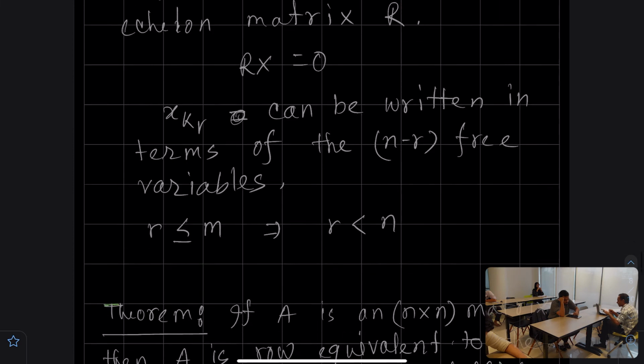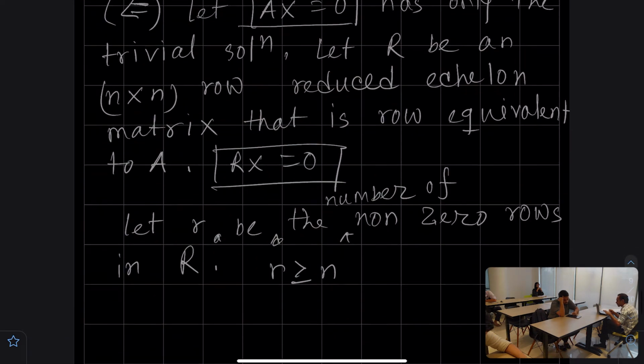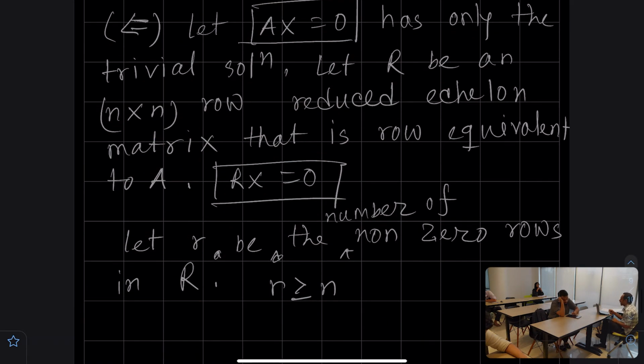But for this theorem, I am considering that Ax equal to 0 has only the trivial solution, and R is row equivalent to A. Then Rx equal to 0 also has the same trivial solution.